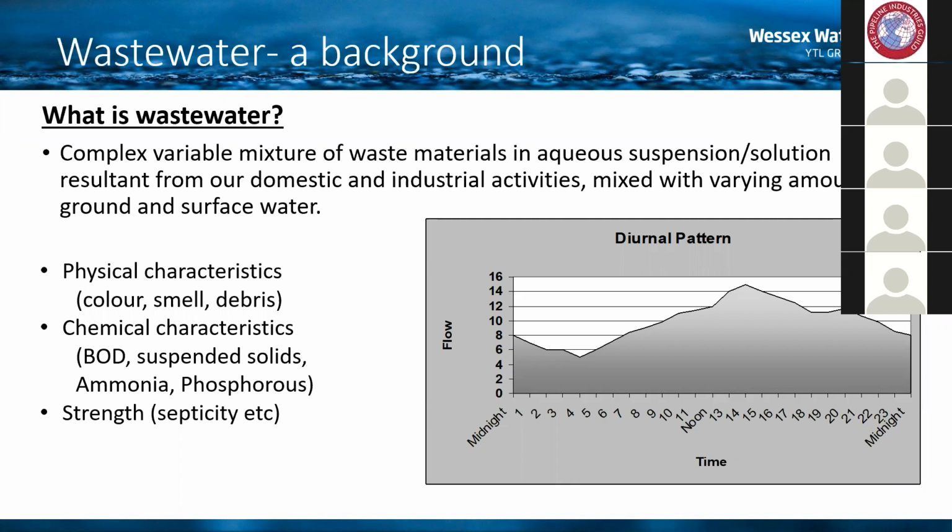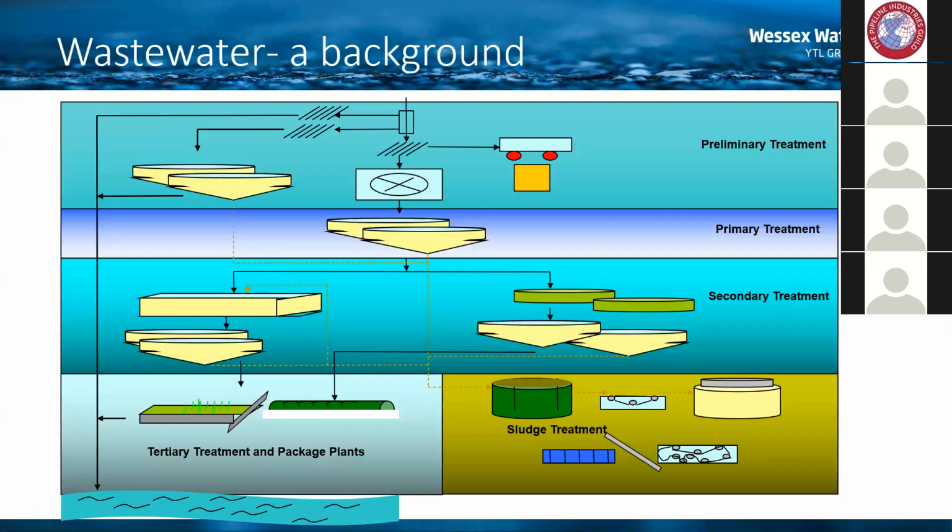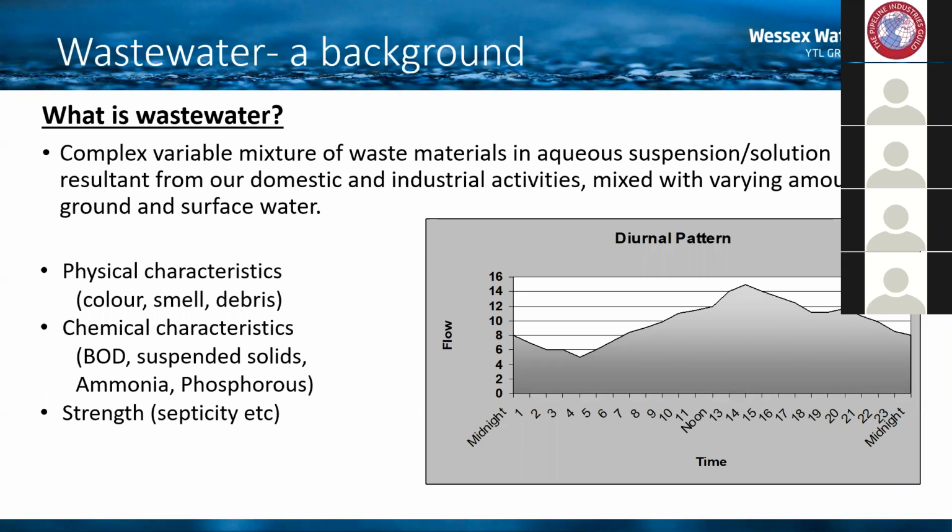And then we also look at the strength and the septicity of the sewage coming in. What we can see there on the graph on the right is a typical diurnal pattern for a domestic sewage treatment works. The flows typically drop off throughout the night when everyone's in bed, and then they increase throughout the morning as people get up and start using their toilets and showers and baths and things.